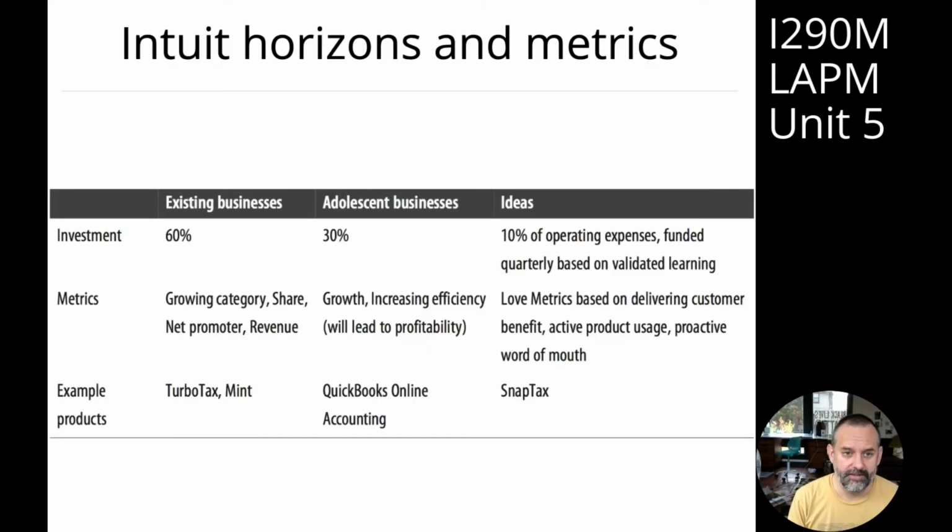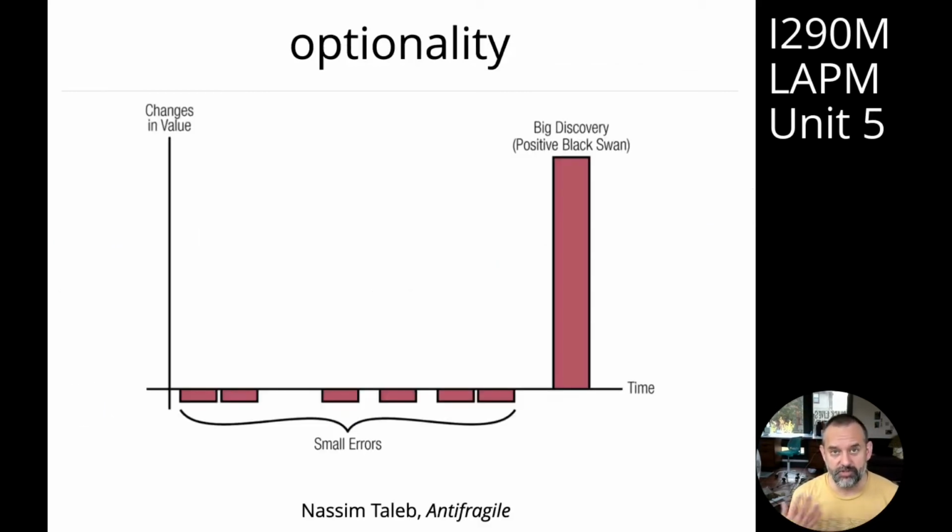And this is where you can't necessarily use cost of delay when you've got a brand new product. And this is hence where optionality comes in. The idea that we don't know how valuable things will be because there's so much uncertainty. So what we'll do is we'll invest in a whole bunch of possibilities.